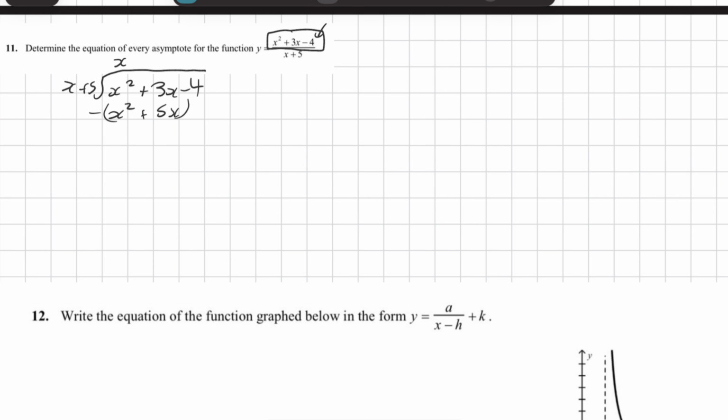This is all subtracted, these cancel out. 3x take away 5x is negative 2x. Bring down your negative 4. x times what is negative 2x? It's going to be negative 2. Negative 2 times 5 is negative 10. Subtract this, these cancel out. Negative 4 plus 10 is going to be 6, and that is going to be your remainder.